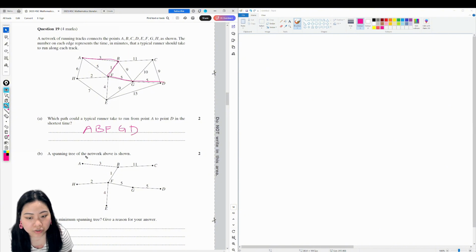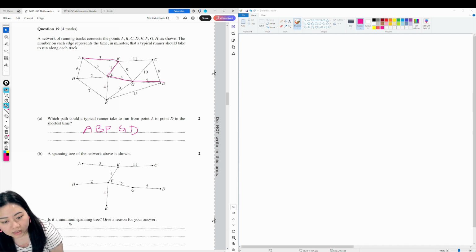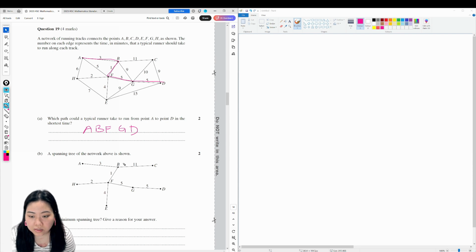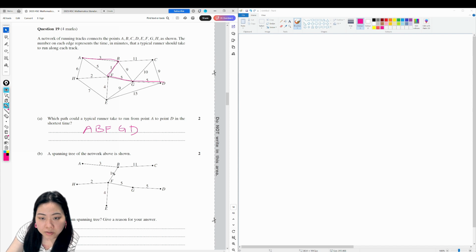B. A spanning tree of the network above is shown. Is it a minimum spanning tree? Give a reason for your answer. Let's have a look. 4, 1, that is the shortest, yes. 5, 5 to D, that would be the shortest.